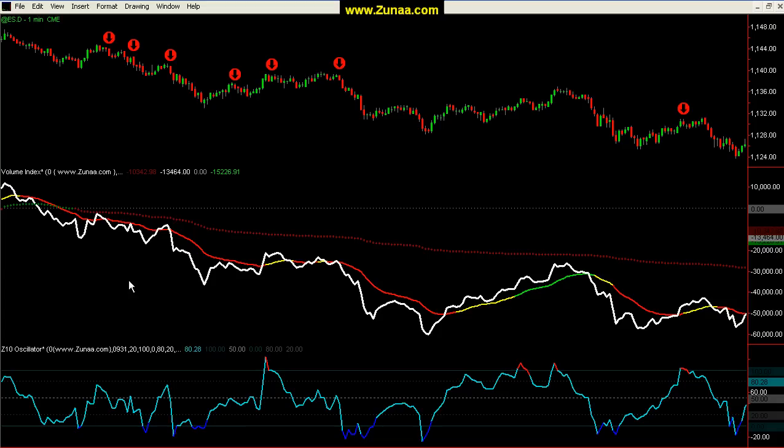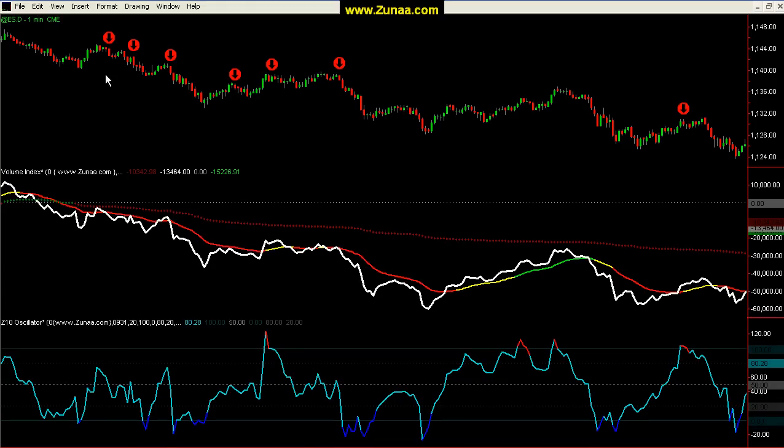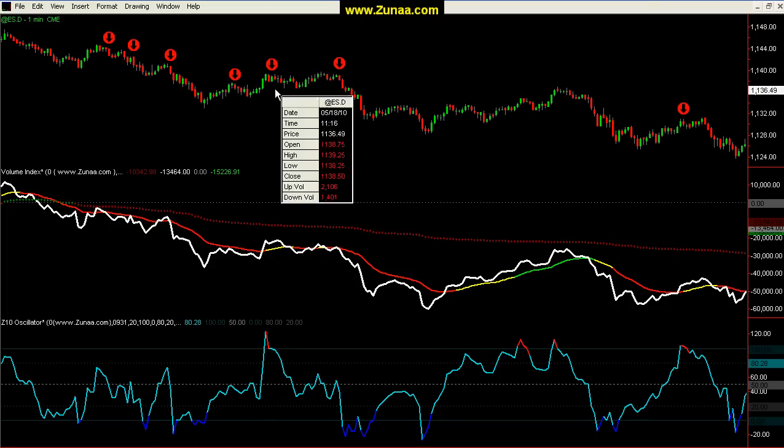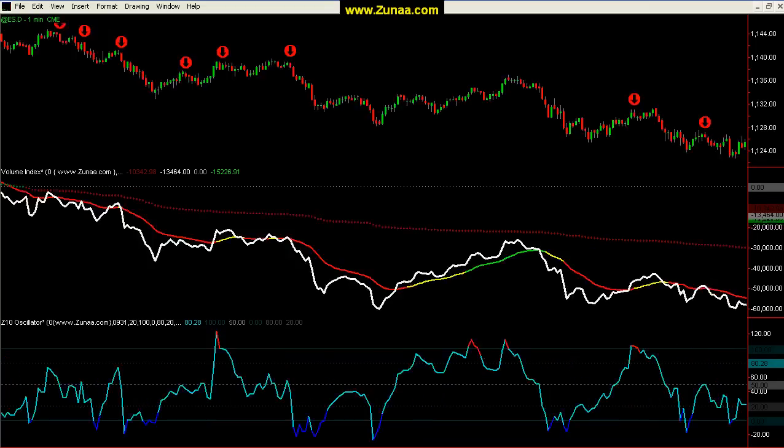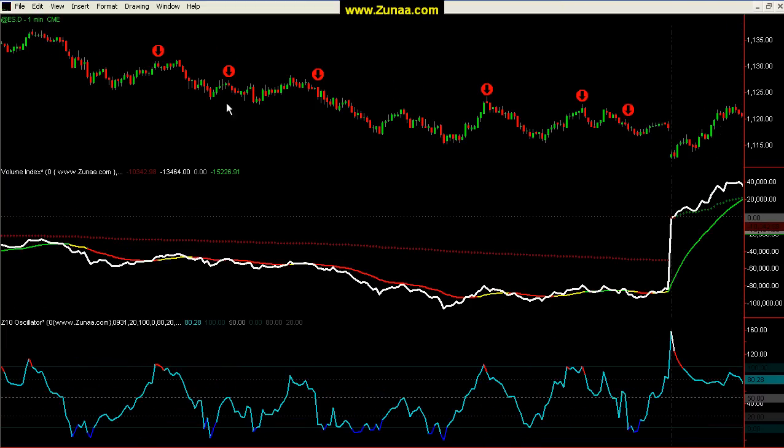As you can see, all of these signals were generated by the Z10 oscillator, which is my favorite technique, though you can use your own, and you can see how many short signals were generated. During the lunchtime there were none generated. All of them were profitable.